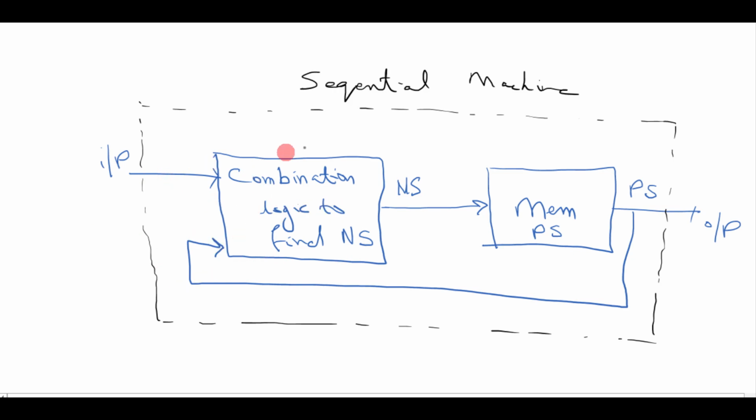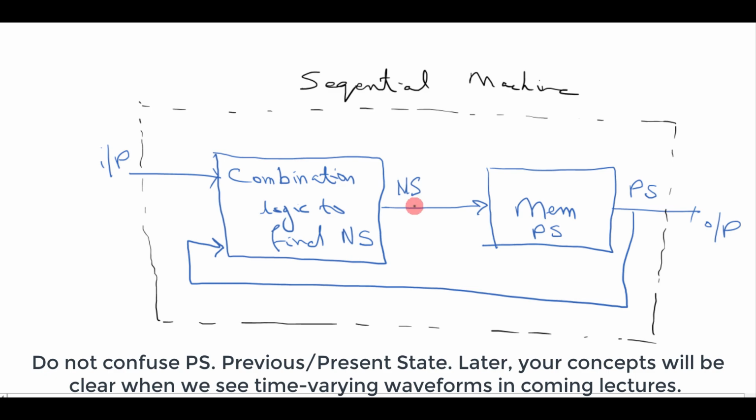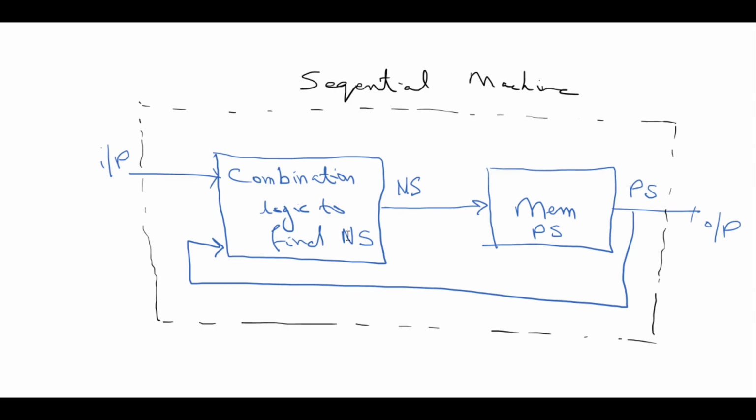Based on these inputs, this simple combinational logic that you have studied in previous lectures calculates the next state. In sequential machines, this memory is also known as the state register.